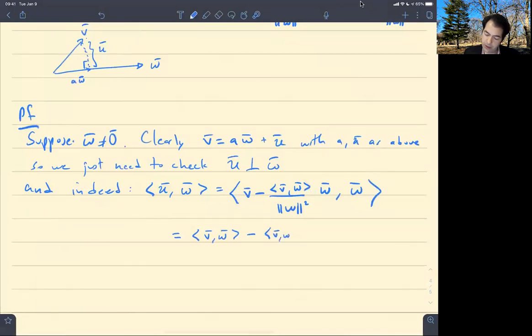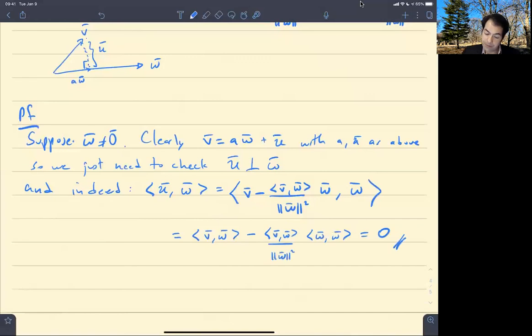So I get inner product of V and W times the inner product of W with W, divided by norm of W squared. Okay, but now this cancels with this, and I end up with inner product of V with W minus the inner product of V with W. So I get 0, and that's what we wanted.